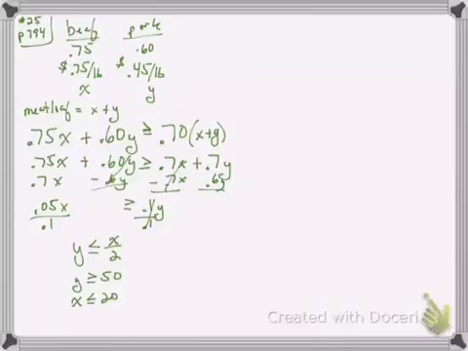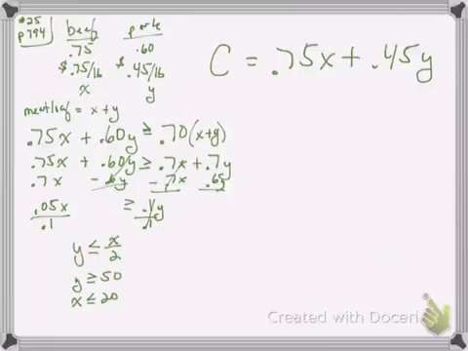They want to figure out how much beef and pork should be mixed so that the cost is minimized. So we're interested in cost, and seeing that it's 75 cents for beef and 45 cents for pork, that's going to be our objective function.